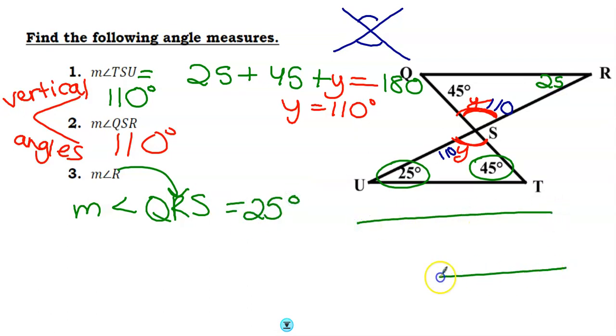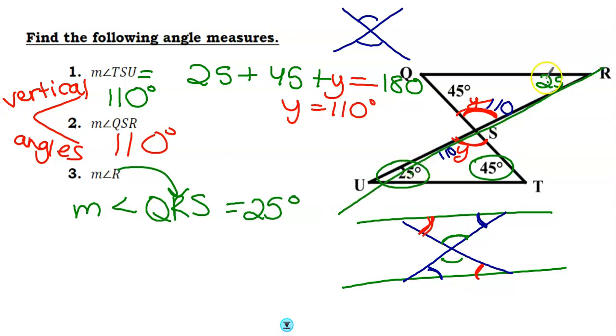Well, if I extended these triangles out, I could notice that these are alternate interior angles, and these are alternate interior angles, and these are congruent. Ta-da! So these are alternate interior because there's that line going through it, 25 degrees. These are 45 degrees and a line going through it, and then the 110.